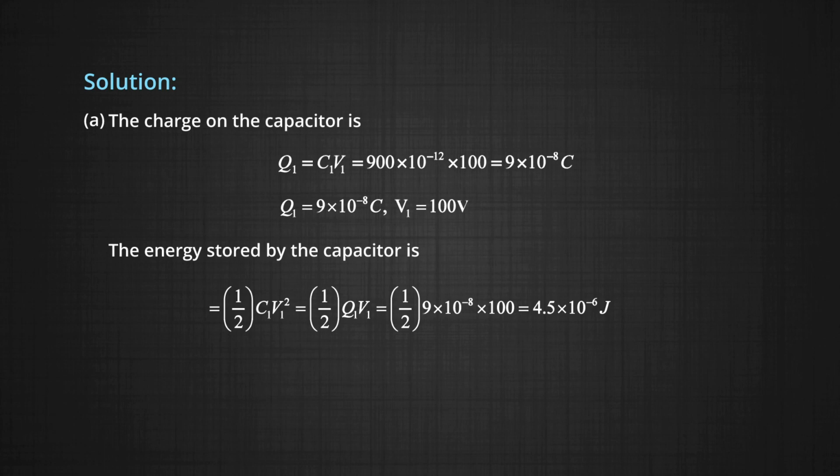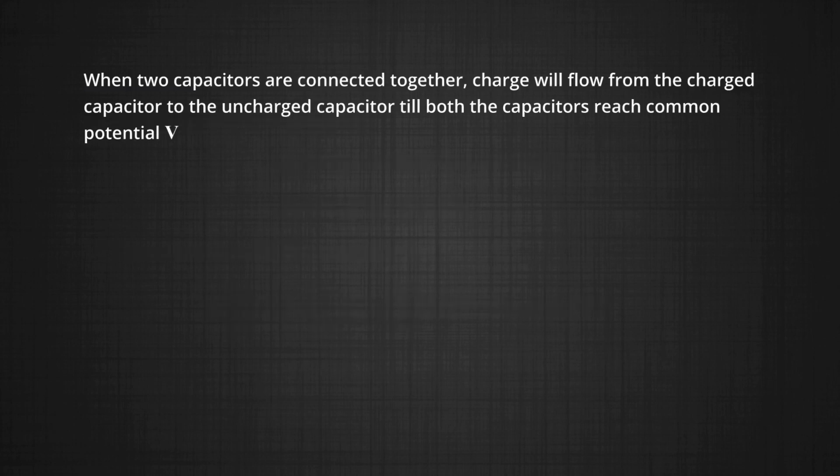Charge stored in the second capacitor is 0. When two capacitors are connected together, the charge flows from one capacitor to another capacitor till both the capacitors reach the common potential V. The common potential V is given by the formula V equal to C1V1 plus C2V2 upon C1 plus C2.